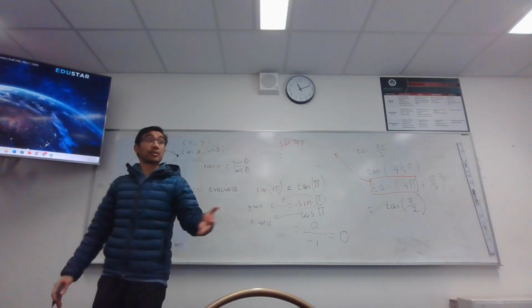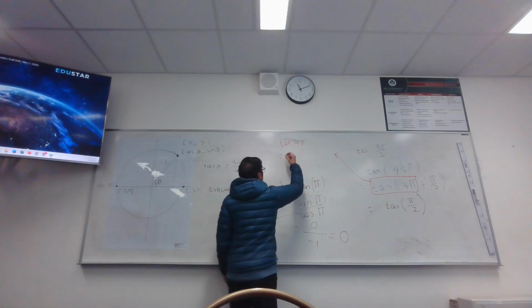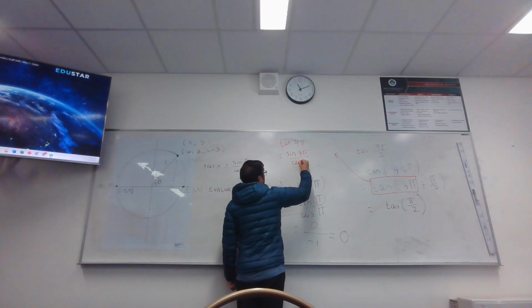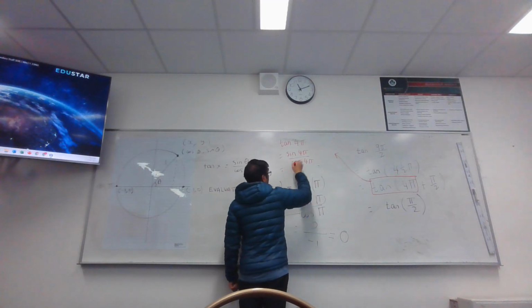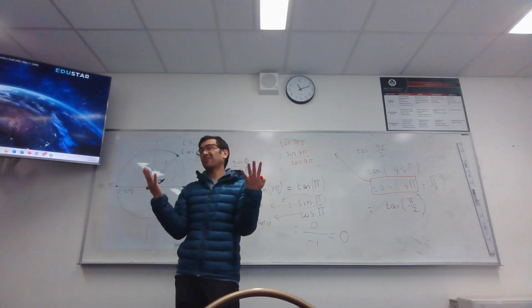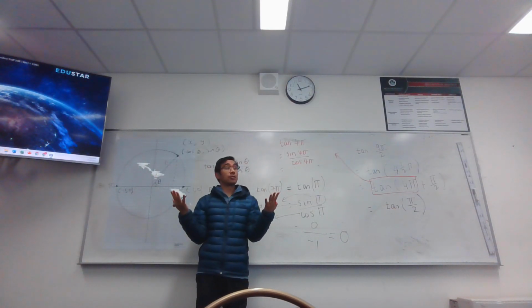Tan 4 pi, if we use the equation, is sine 4 pi on cos 4 pi. But our 4 pi, what is that really at the beginning of 4 pi? It's a 0.